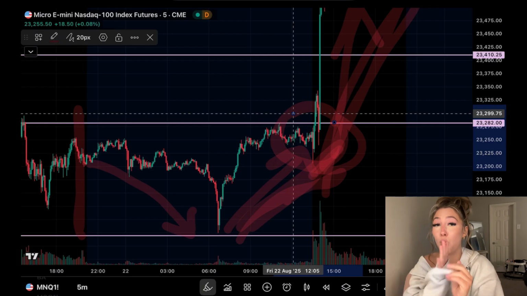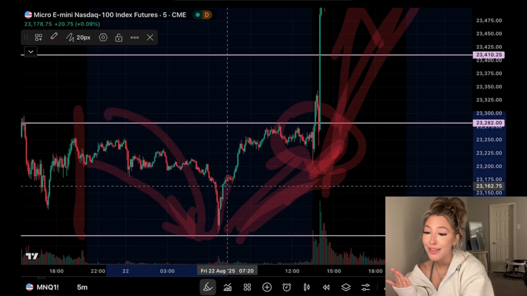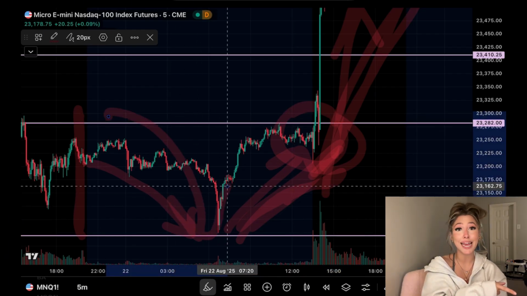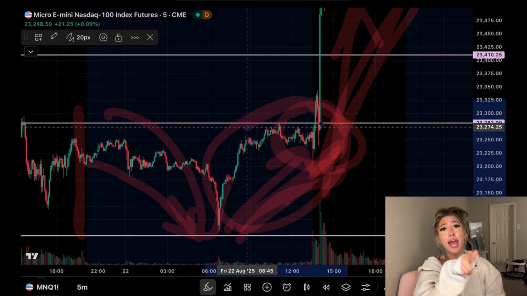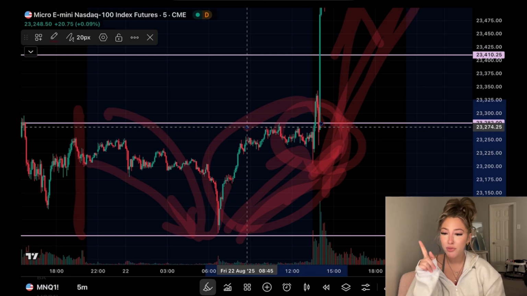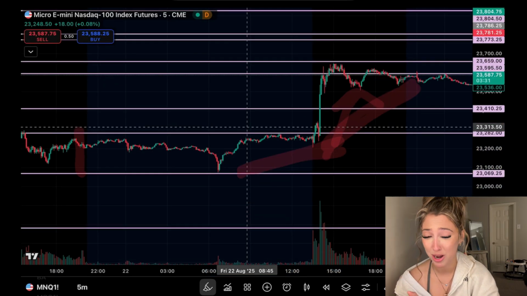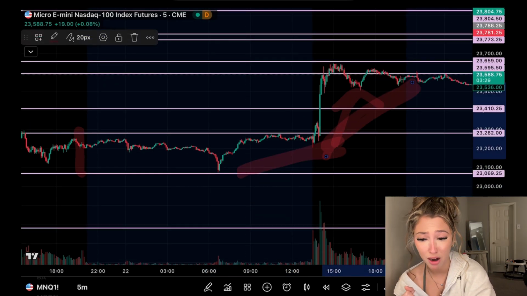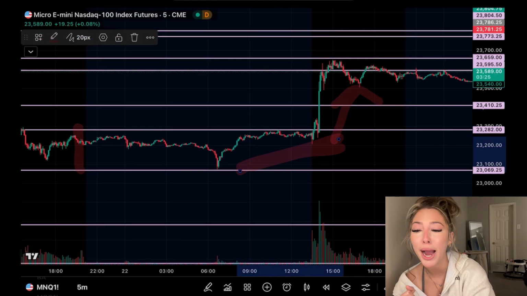Is it clicking? Okay, why am I saying this is manipulation? Because that entire move down was deleted. Deleted in the same amount of time it was created, if not quicker. It actually was deleted quicker, which showed that market makers didn't really want price there, because they turned it right back around.